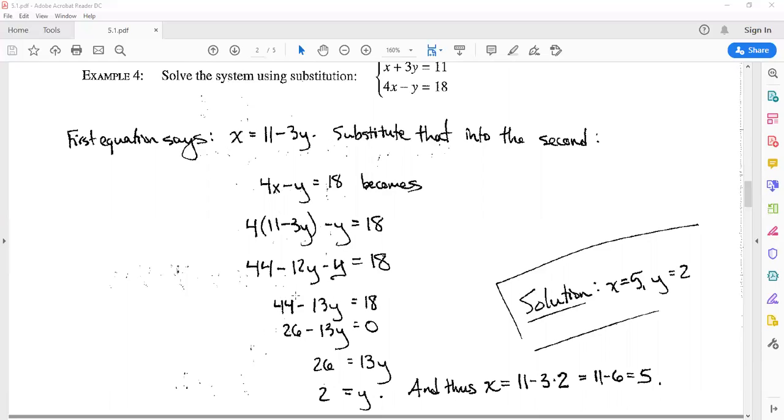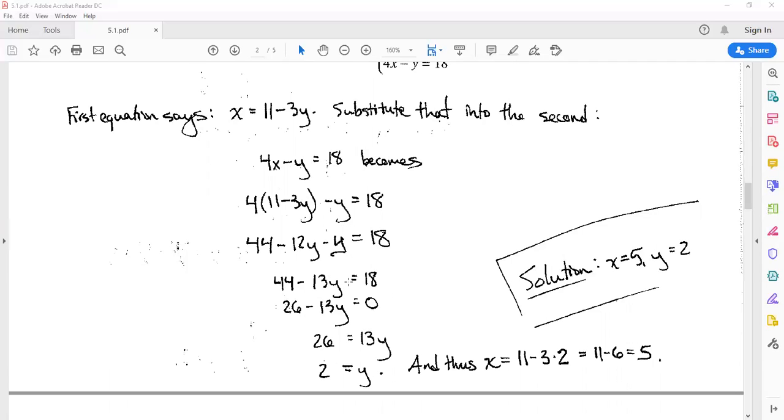That gives me 44 minus 13y equals 18. Okay, I can subtract 18 from both sides and get 26 minus 13y equals 0. And I can add 13y to both sides and get 26 is 13y. And now I can divide both sides by 13 and get y equals 2.